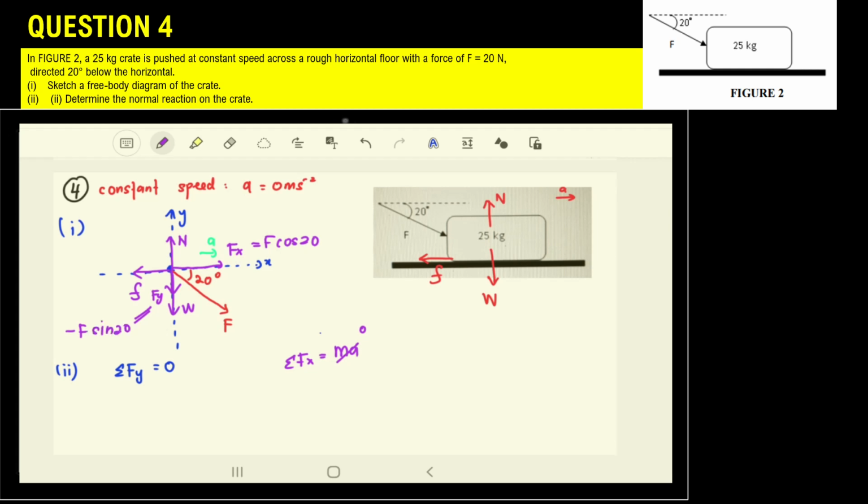Now look at the total Fy. On the y component, we have N, Fy, and W.